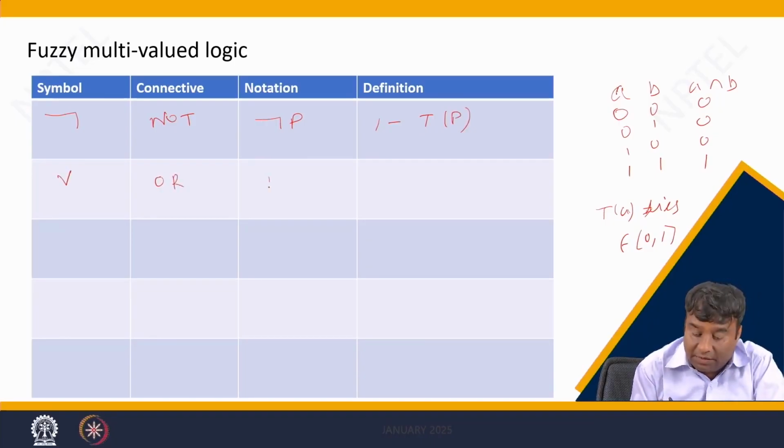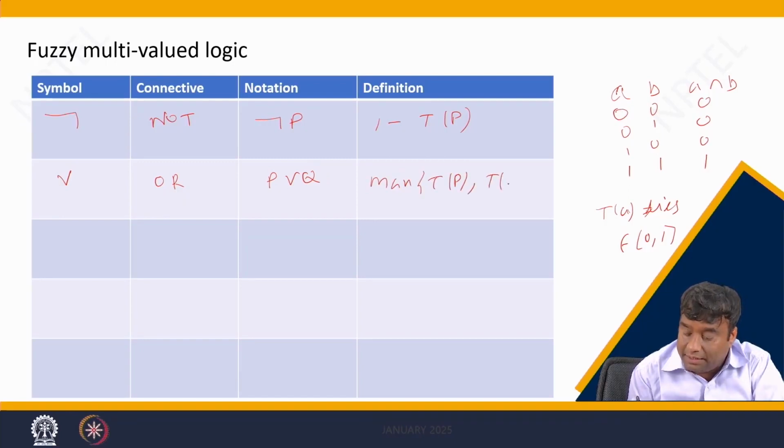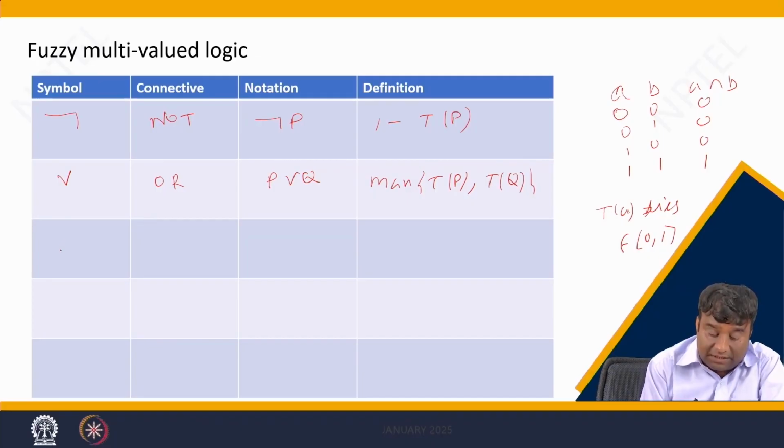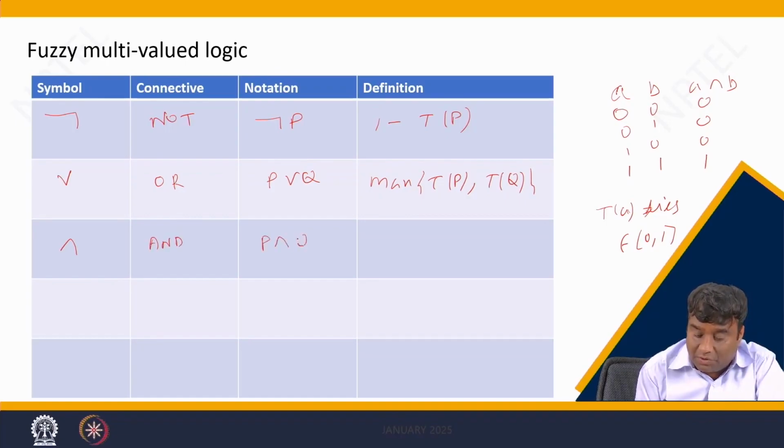The meaning is P or Q, so that is the maximum of TP and TQ. Next is AND. You can write it P and Q. That is the minimum of TP, TQ.